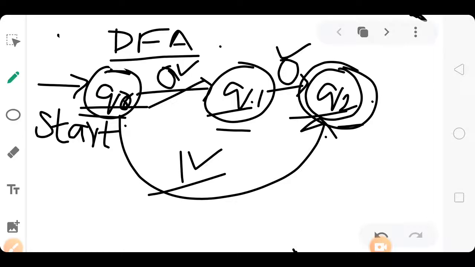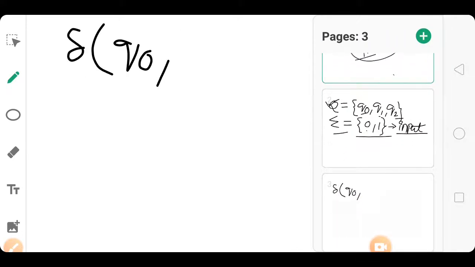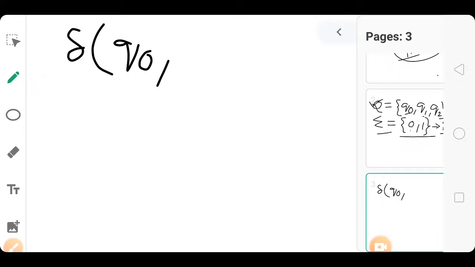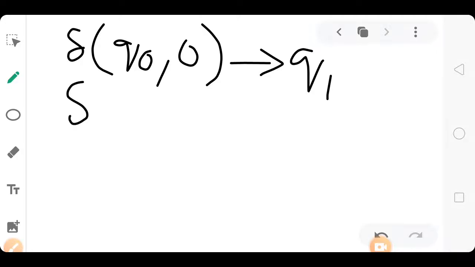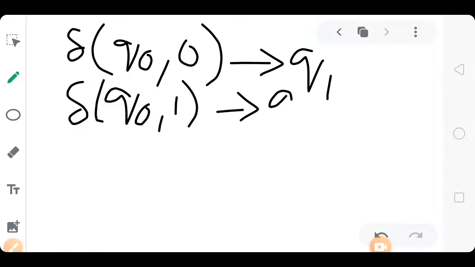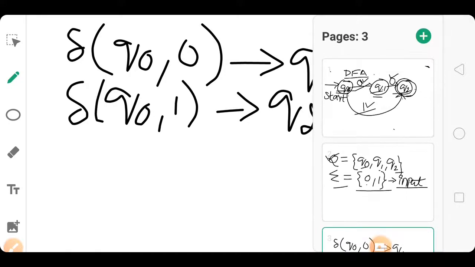So delta of Q0 comma 0 implies Q1, and delta of Q0 comma 1 implies Q2. Those are the transition functions from Q0.